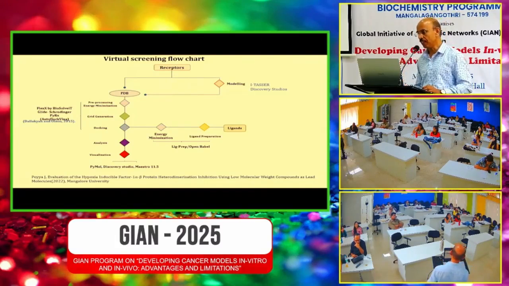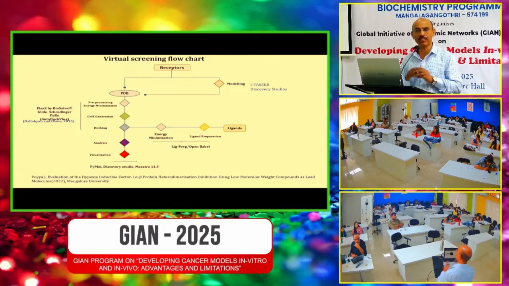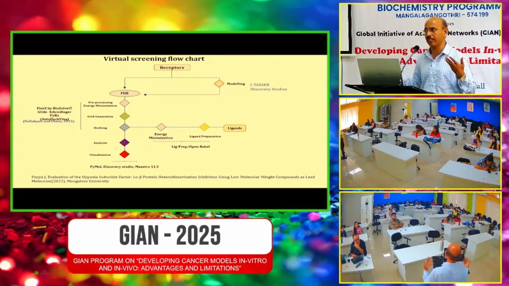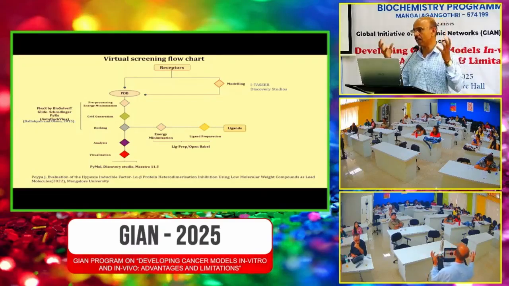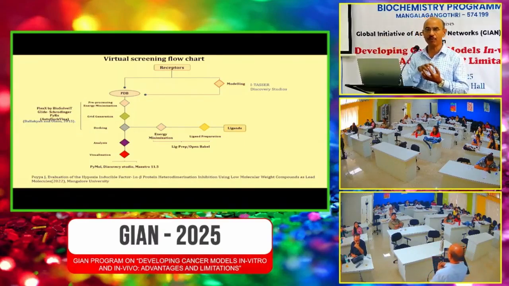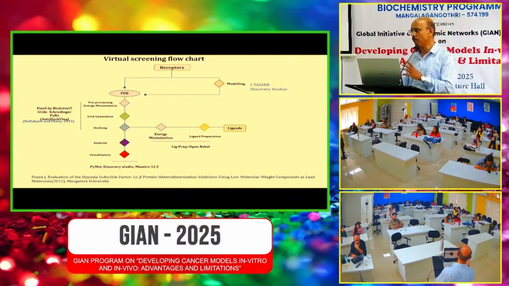And for that, I am simply telling what we actually did, not each and every technique. We took the receptors, because we have to build the models; unless you have the model, you cannot bring the drug and target it. So we were supposed to build the model for the hypoxia factor.